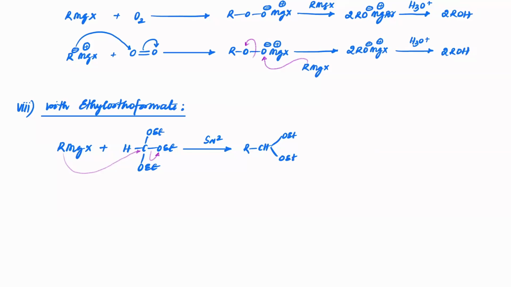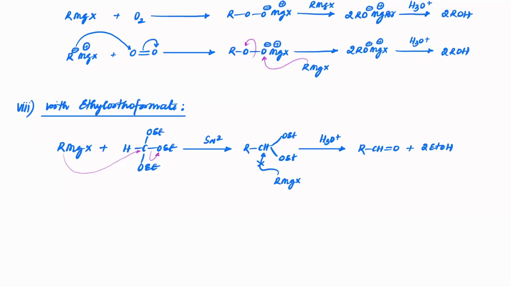Okay. Now attacking on the second mole becomes very, very challenging. That will not give you a successful yield. That means if you have RMgX again try to attack here, this will not give a lot of yield of any product. So instead, if you directly hydrolyze it, this will convert into the carbonyl form and 2 moles of ethanol will be formed.